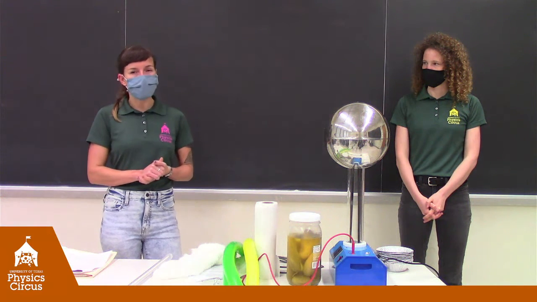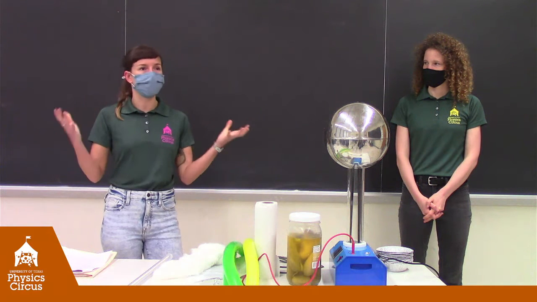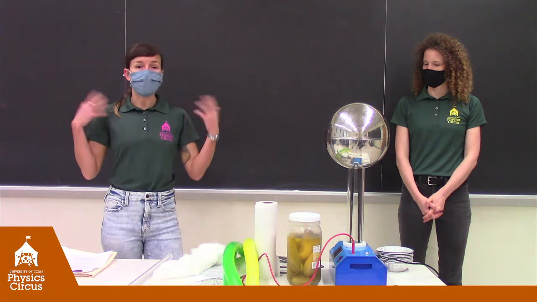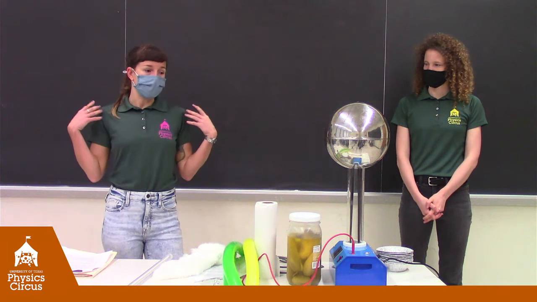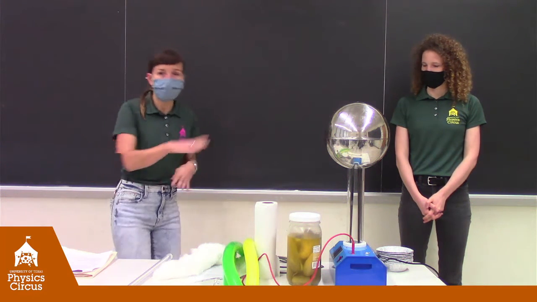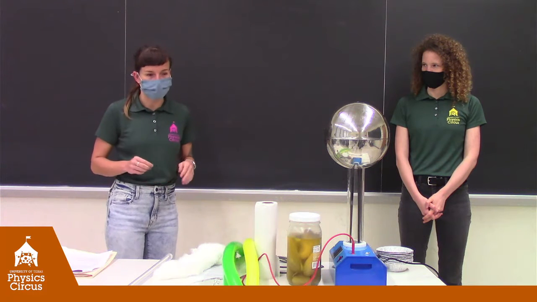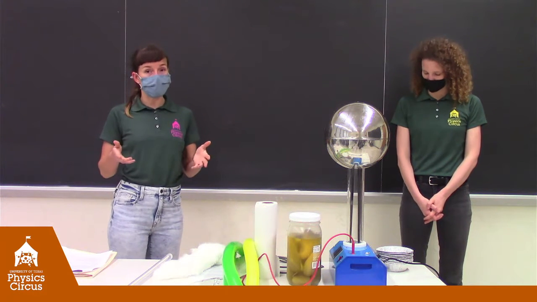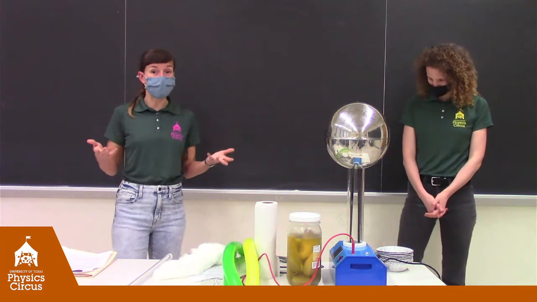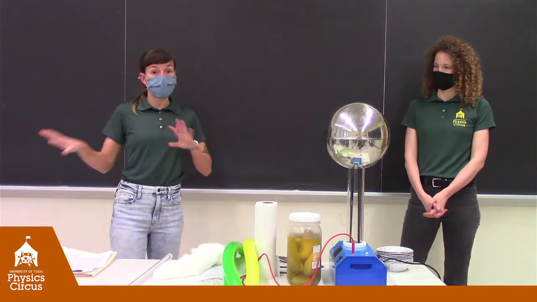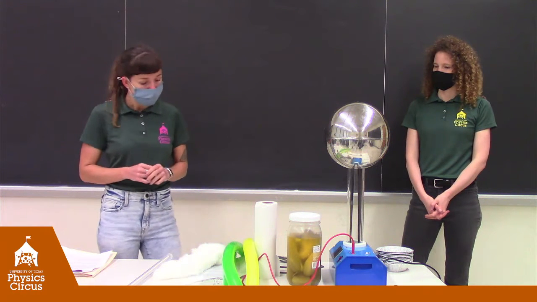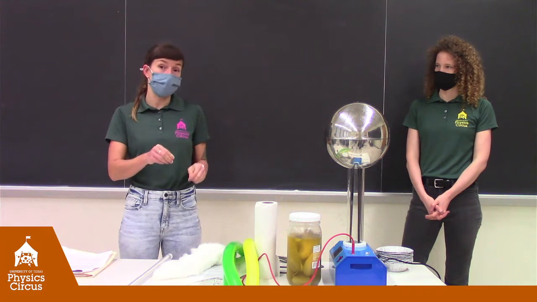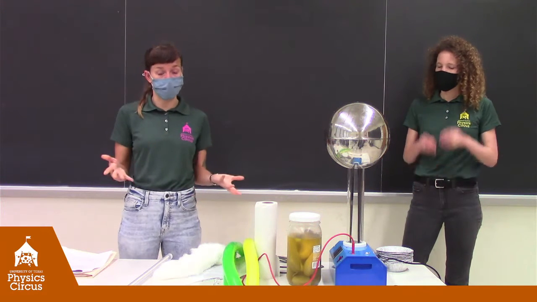So let's think about what might happen in a thunderstorm, or if it's dry and you run through the house with your woolly socks. In both of those scenarios, there's going to be static electricity on various different surfaces. And static electricity just means that one type of charge is sitting on the surface of an object.